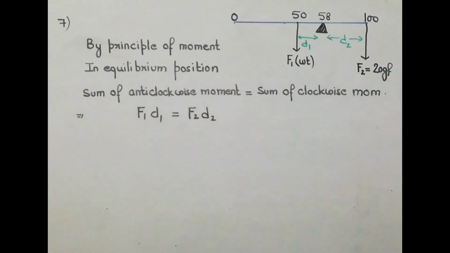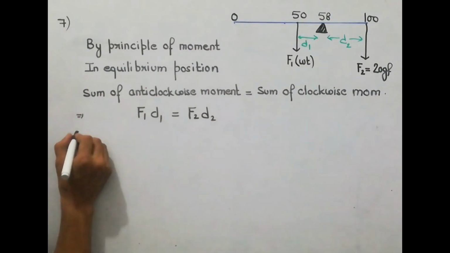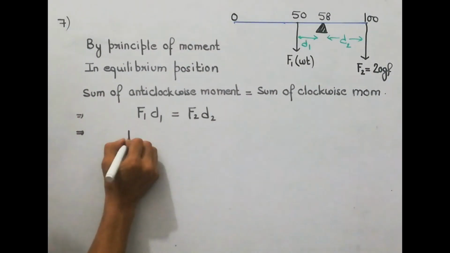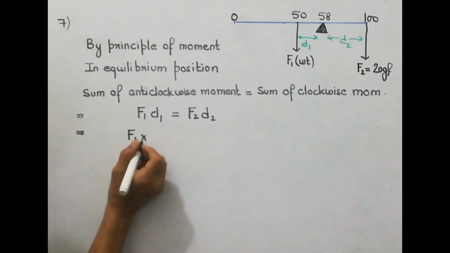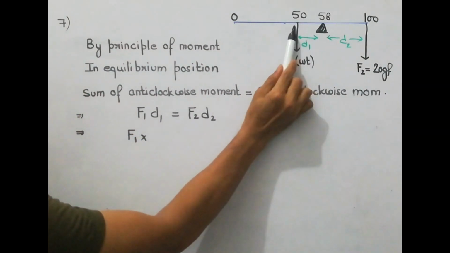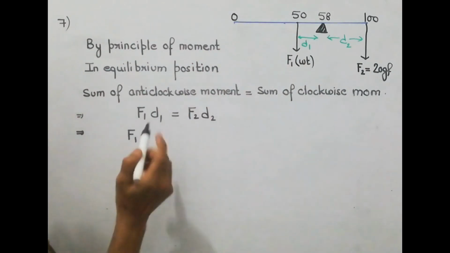So now you see in the diagram, how much is d1? It's from 50 to 58, that is 8 centimeter. And how much is d2? It is from 58 to 100, that is 100 minus 58. So F1 is unknown. How much is d1? 58 minus 50. You will subtract these two.